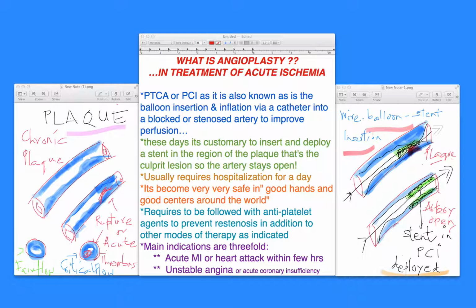So once again, a catheter is advanced into the artery, which is the culprit lesion, and the culprit lesion, that's the place where the catheter along with the balloon and the stent is placed.